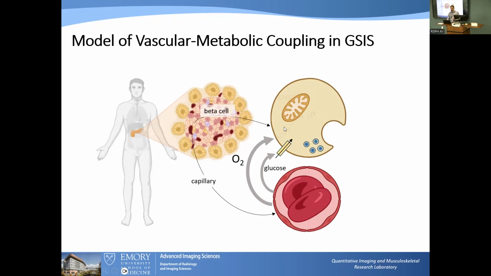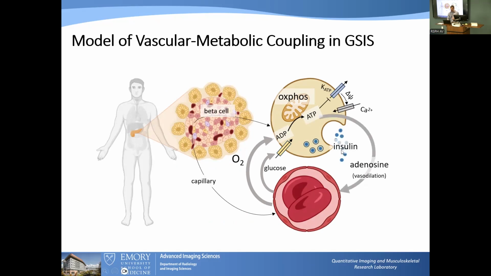That's then metabolized through oxidative phosphorylation to produce ATP, again blocking the potassium channel, opening the voltage-gated calcium channel, and then insulin release. What also happens, though, is that ATP serves a second purpose. It's released, adenosine leaches out back to the vessel, and it's one of the most potent vasodilators there is in the cardiovascular system.